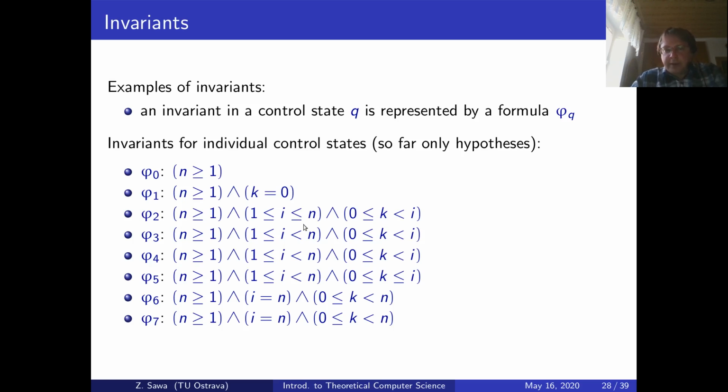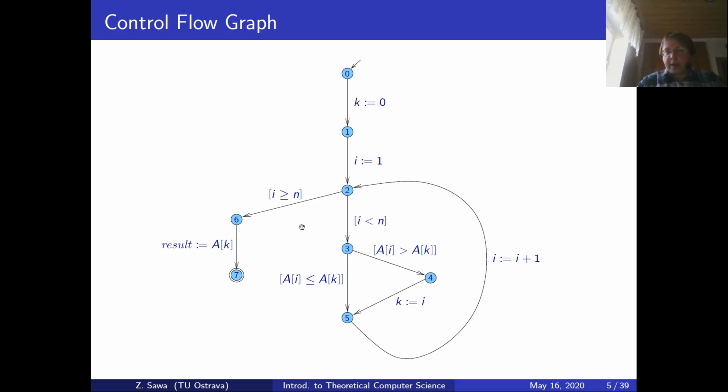But if we try to think about how the algorithm works, and I suppose this is something every programmer does when he thinks about an algorithm, he maybe implicitly thinks about such invariants that hold in some positions of the code.